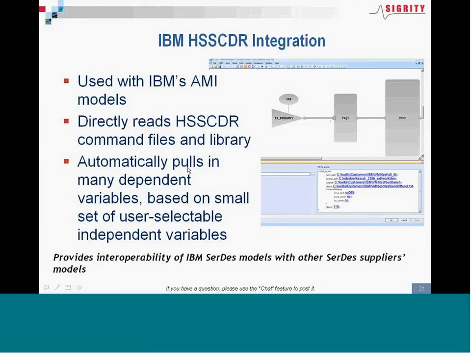And what this will do is automatically pull in the many dependent variables for the model and for the simulation that are based on the small set of user-definable independent variables that you can select for these different IBM cores. So, for example, you may select a particular data rate and core technology and corner, and those couple of independent variables may actually dictate a couple of dozen dependent variables, which we will pick up and automatically instantiate in the tool for you.